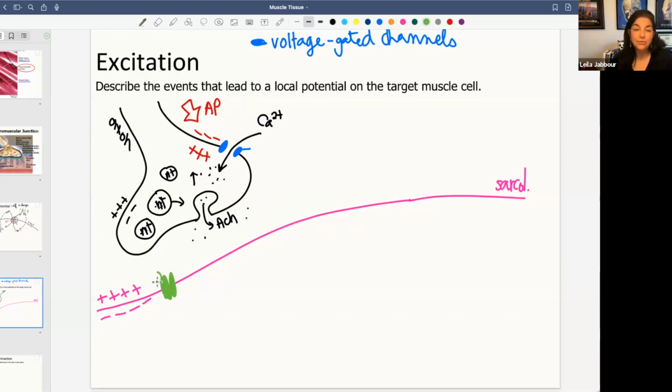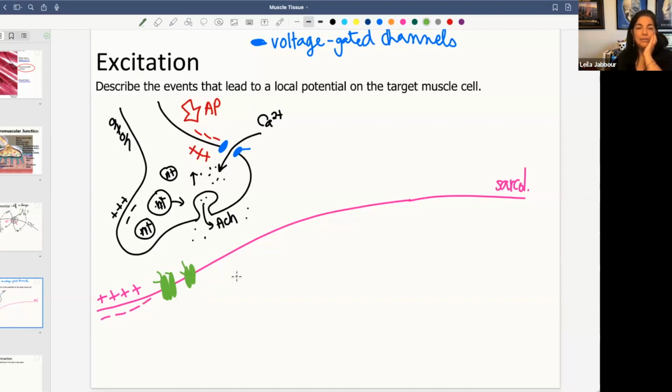Acetylcholine receptors that happen to also be channels with a gate that's closed. And this is the receptor portion. And all of these receptors are waiting patiently, empty, right? They don't have acetylcholine on them and they're closed. The channel portion is closed, the receptor is empty, and they're very numerous in the end plate.